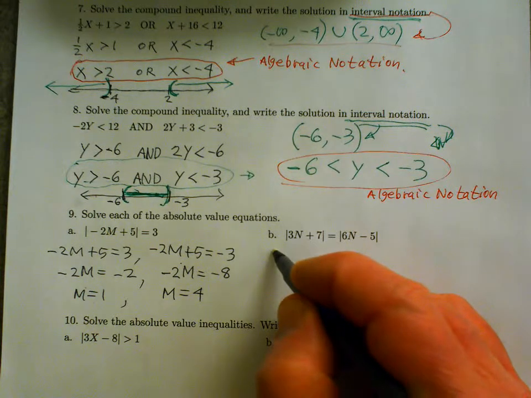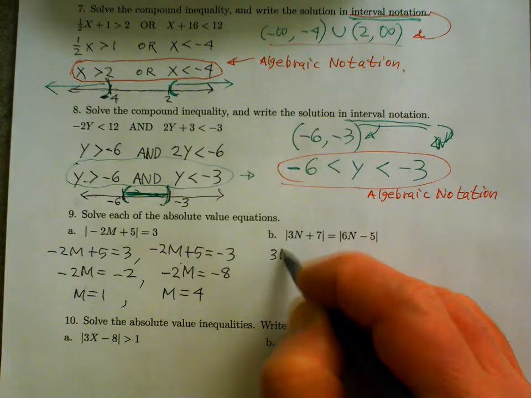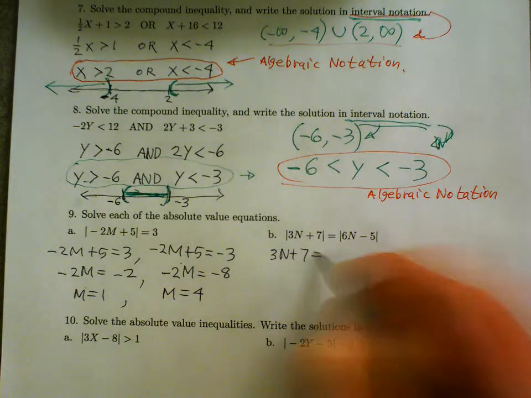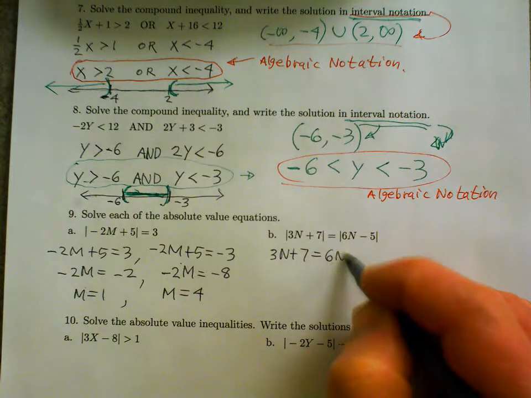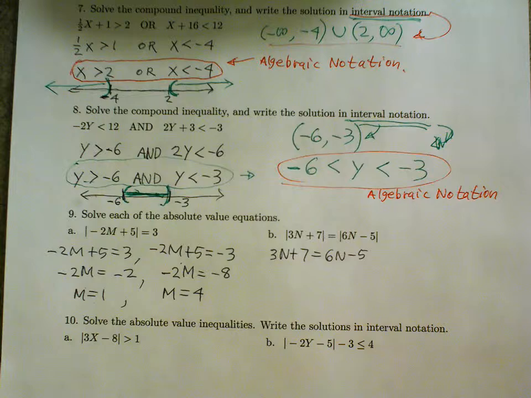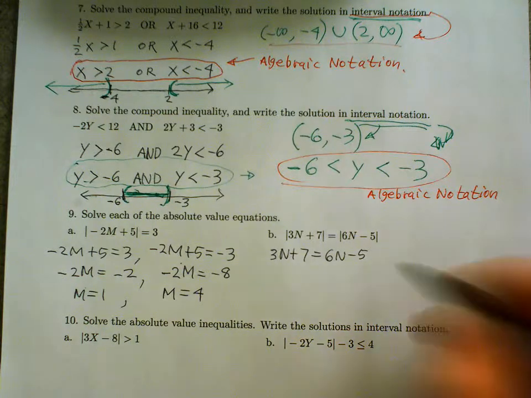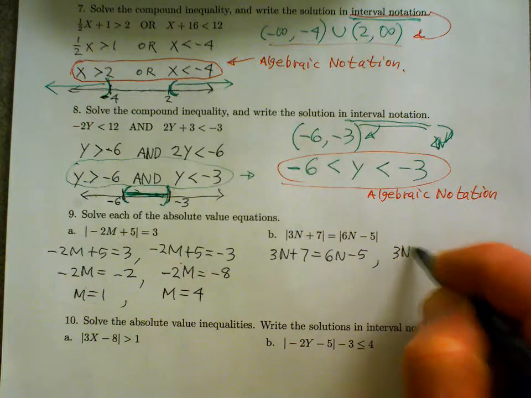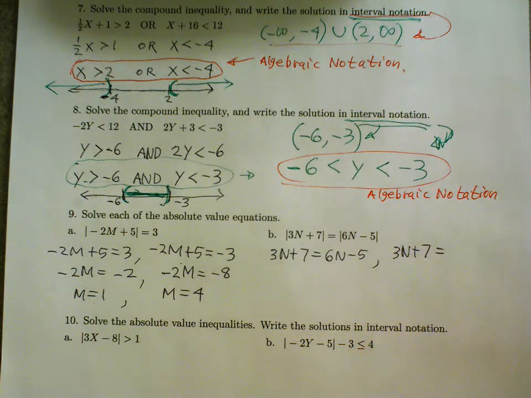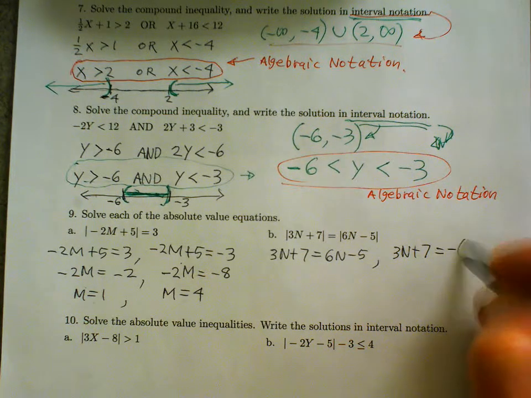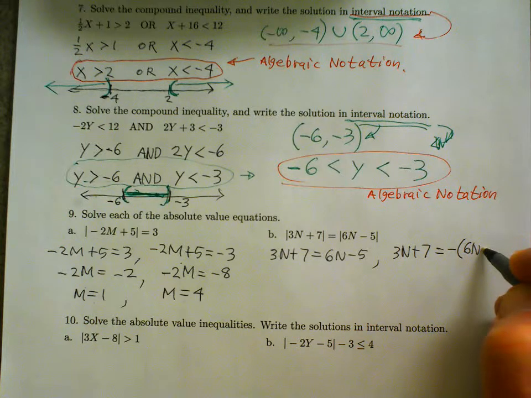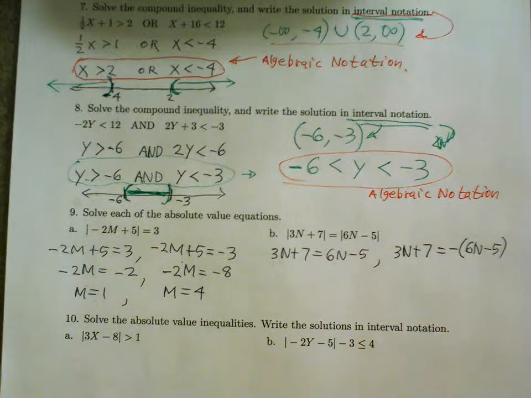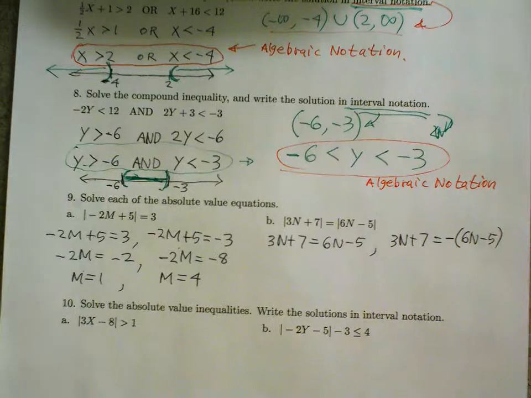The two numbers can be the same number. 3n plus 7 could be equal to 6n minus 5 if they have the same absolute value. Or one number, 3n plus 7, is equal to the negative of the other number, the negative of the quantity 6n minus 5. So once again, we're just applying the definition of the absolute value.